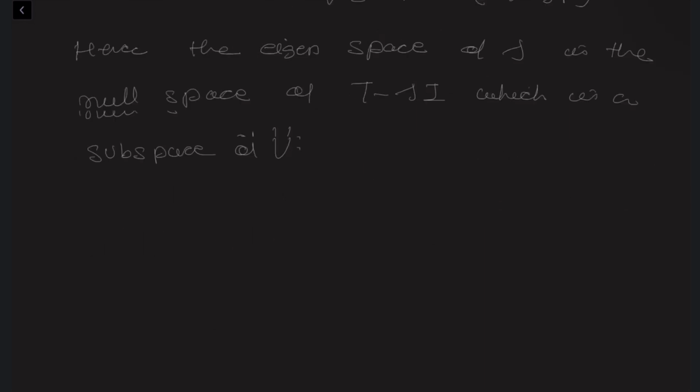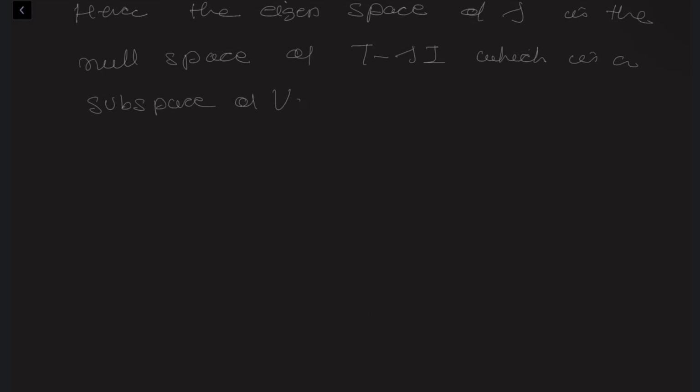Okay, so I'll just write a proposition. Let T be a linear operator on V, that is, an operator from V to V. Let's say the dimension of V is n, that is, V is finite dimensional.